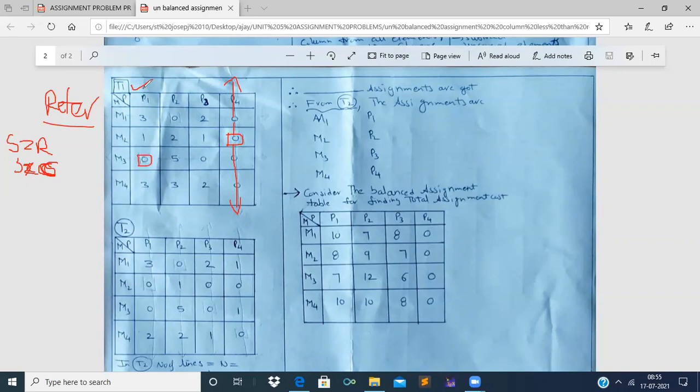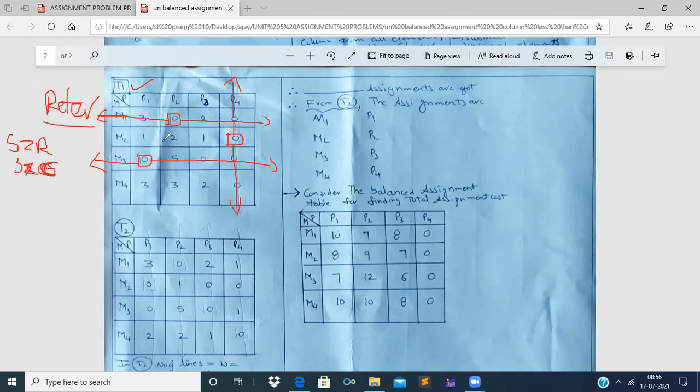But as it is a single zero column search, we have to strike off the row. We have struck off this third row. Now let us proceed for the next column. In the next column, that is in column P2, we also find a single zero. Let us give this assignment to this single zero, and now let us strike off this first row.